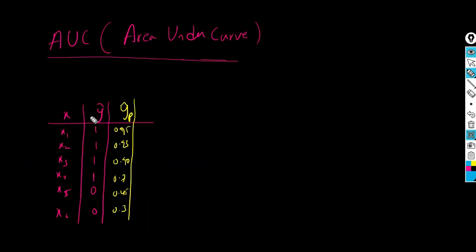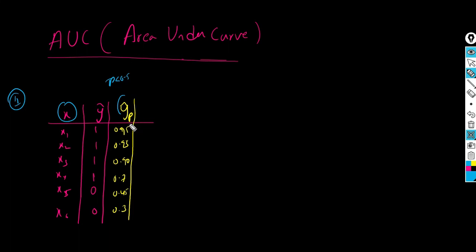Suppose this is the data. The data X has the features. From the X features, the model gives us the probabilities. Generally with the threshold value of 0.5 we classify them. Now in the AUC approach, the first step is to sort based on this probability.